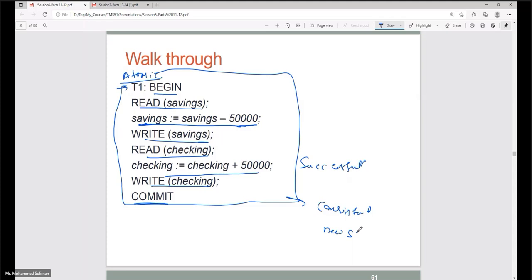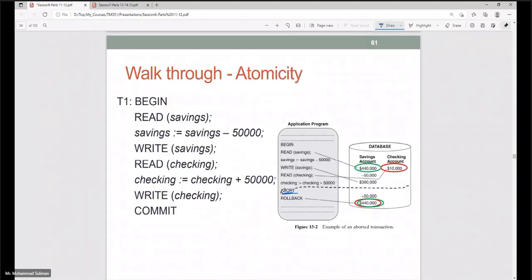Now, through this transaction, let's say there is an abort, in the sense of some failure, for example a system failure, network failure, or software failure. Any failure happens, this should do a rollback. Just reverse the transaction till the beginning.